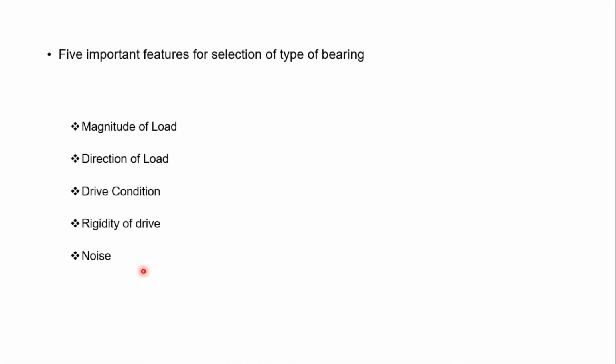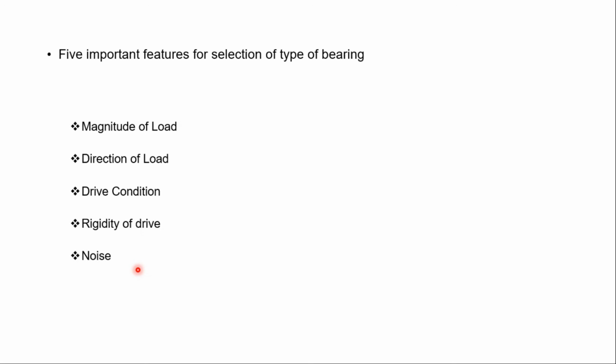Ball bearings are quiet in application, but this also depends on the working speed. Ball bearings are quiet at low to moderate speeds. At very high speed, these ball bearings will create huge noise.